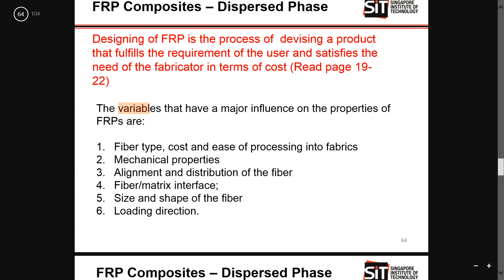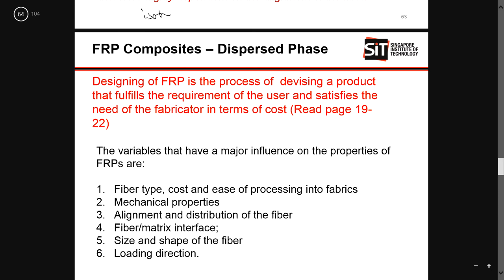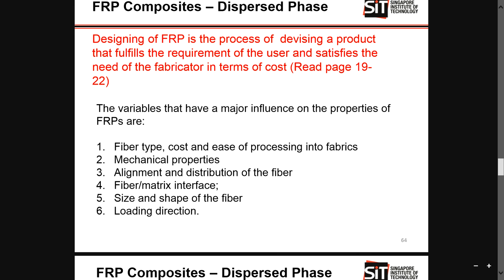What are the variables that influence the properties of fiber reinforced plastics? In this case, the fiber itself, these are the criteria for the fibers that influence the properties of the composite. If you think about it, the name itself is fiber reinforced plastics.